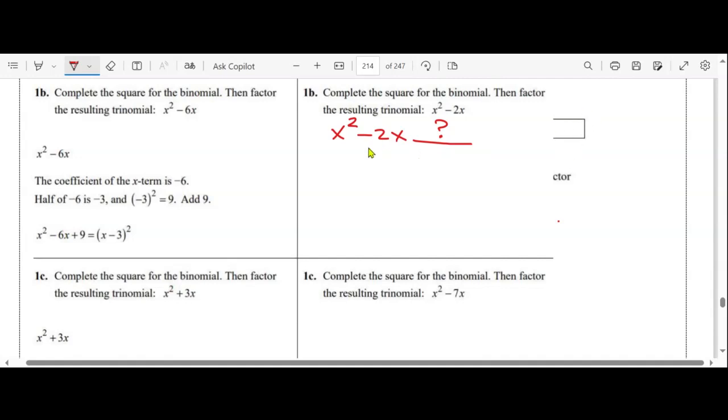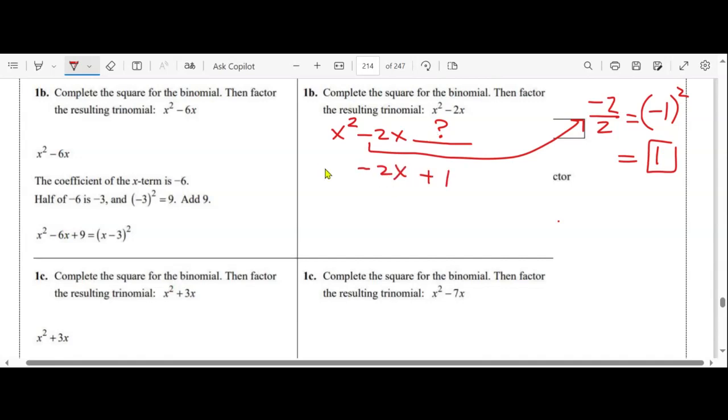We take half of the coefficient of the middle term, and then square it. What is half of this? -1. And then square it, so you get how much? 1. So that's what is missing here. How much is missing? 1. Is this clear?